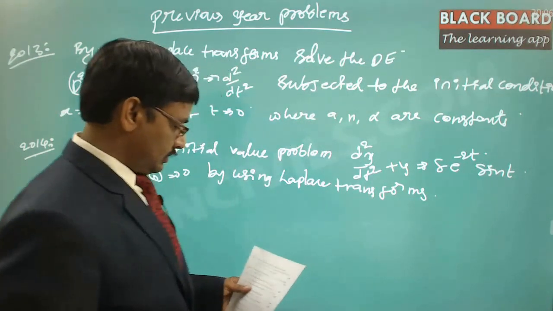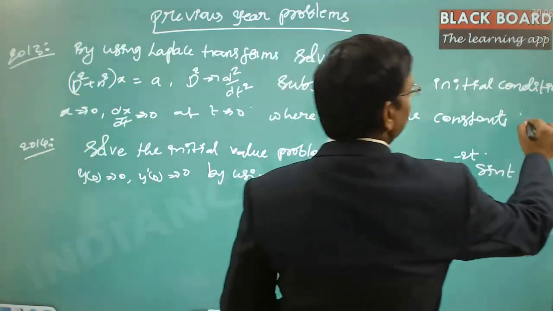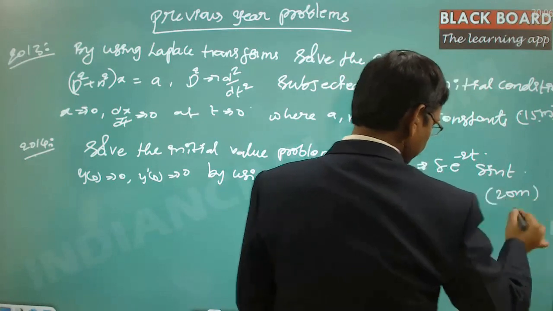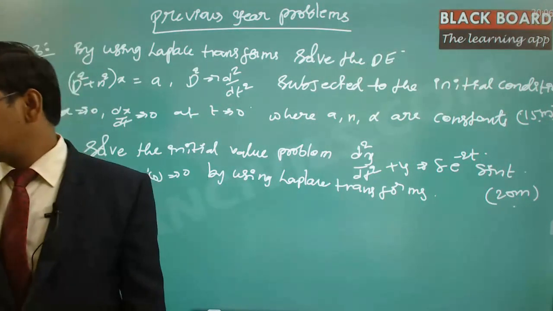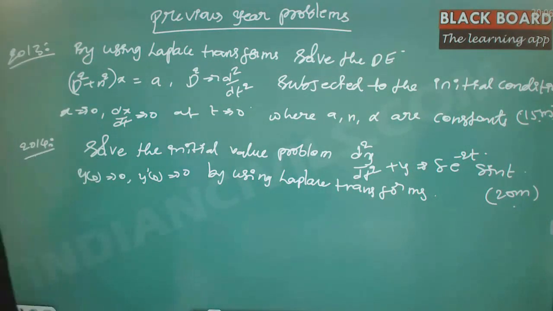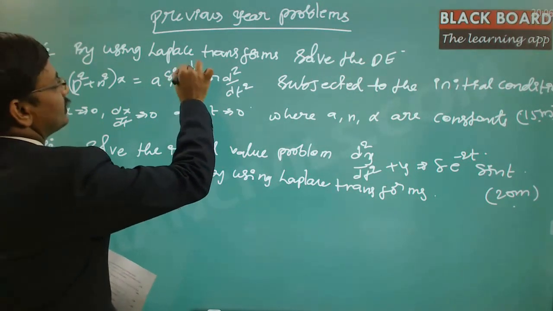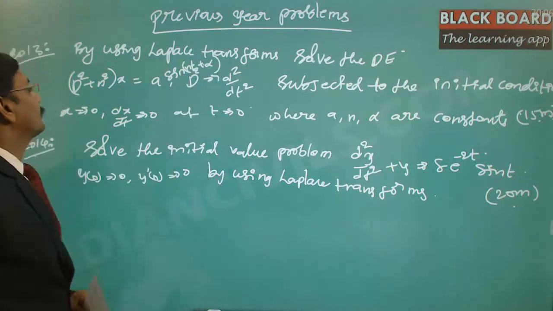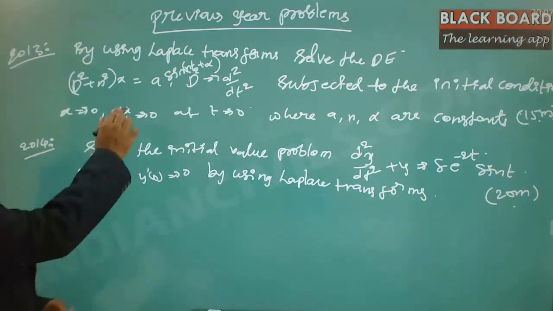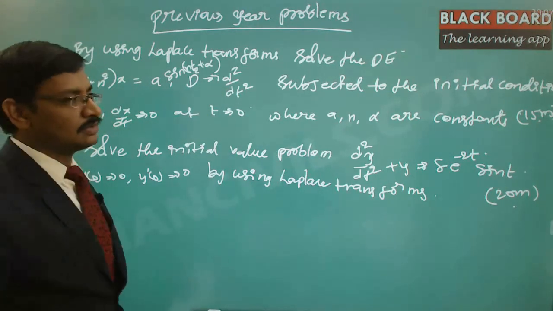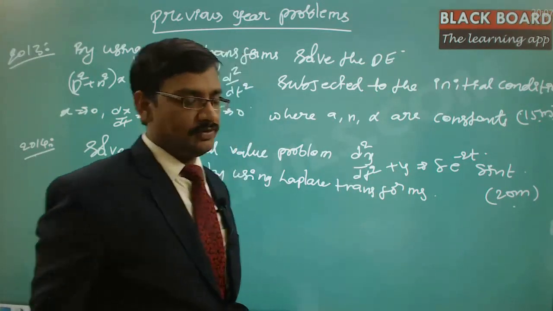This problem was given for 15 marks and the earlier one for 20 marks. Got it? And I forgot, the earlier one is sin of (nt plus alpha). So (d square plus n square) of x is equal to a into sin of (nt plus alpha), where d is equal to d square by dt square. That was given for 15 marks and this was given for 20 marks.